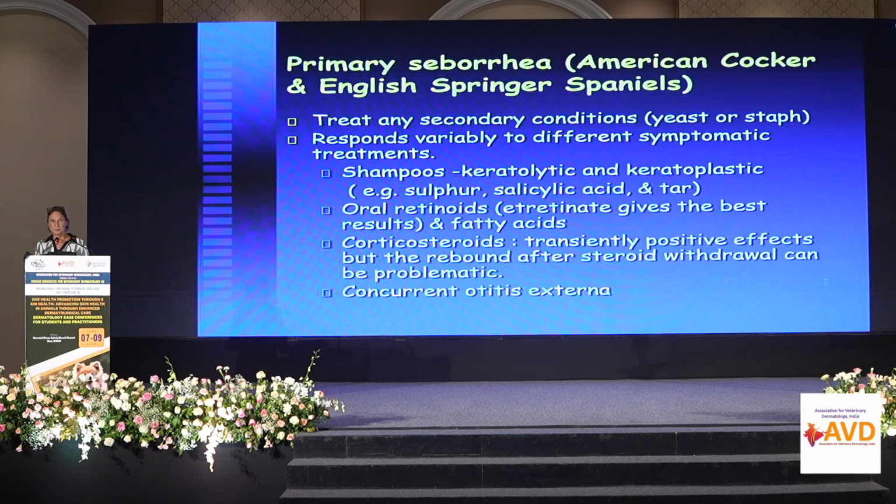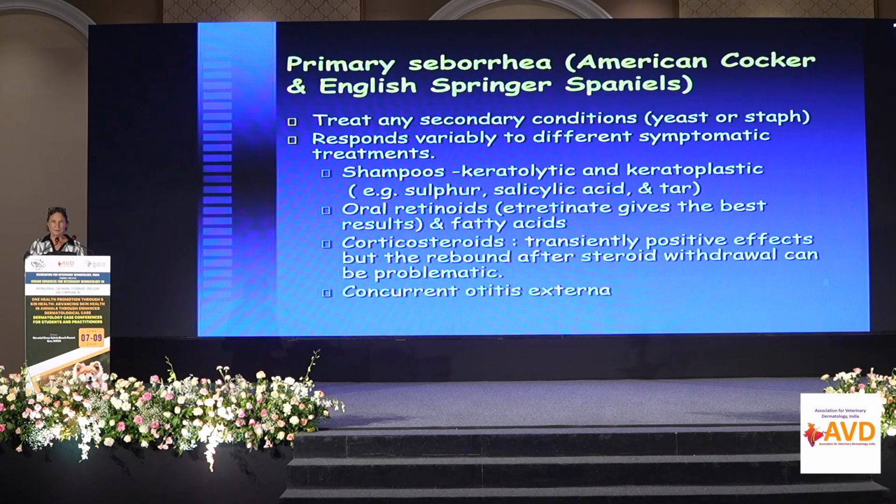So how do you deal with these cases? Well, they are prone to infections, so being on top of those infections is critical to basically diagnose them and treat them and do a ton of topical therapy, whether it is with medicated shampoos to address the bacteria and yeast, or to do a shampoo therapy with keratolytic, keratoplastic products.